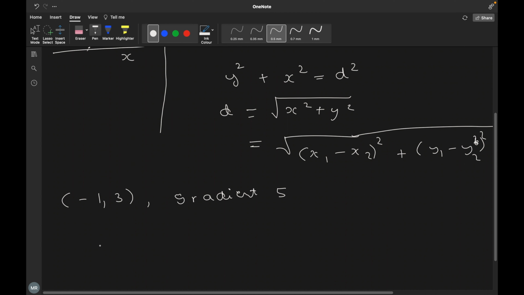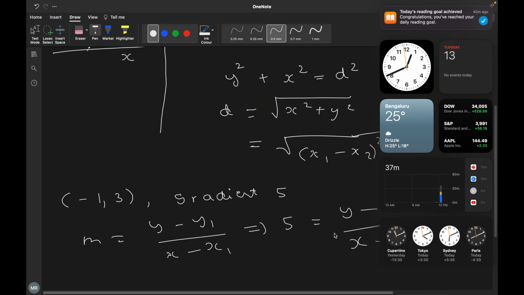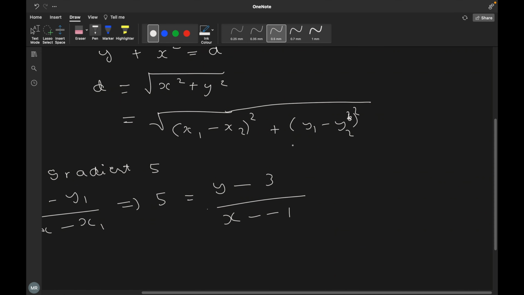So let's use the formula m equals (y minus y1) divided by (x minus x1). This implies that 5 equals (y minus 3) divided by (x minus of minus 1). So we get 5 equals (y minus 3) divided by (x plus 1).